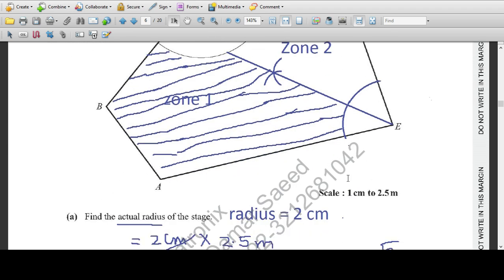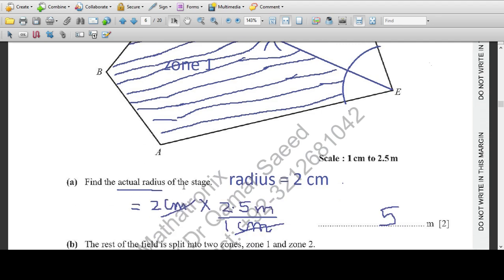If this is 2 centimeters, then we can obtain the actual radius of the stage. With the scale of 2.5 meters per 1 centimeter, the 2 centimeter radius in meters is 5.